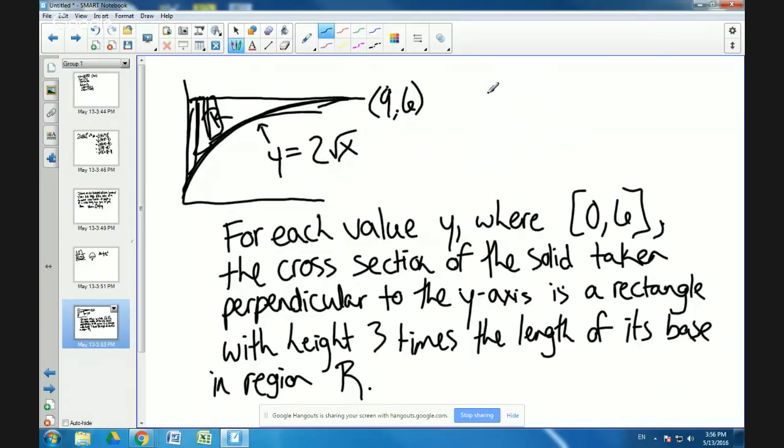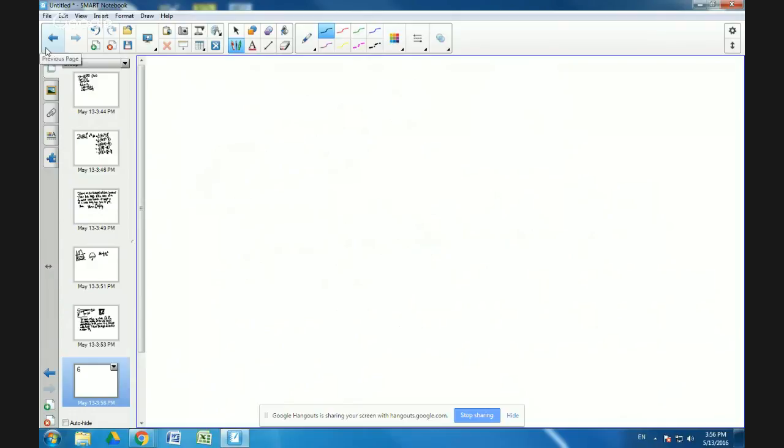You just imagine that you have a bunch of rectangles extending from this solid. Okay, so now, if you know the area of a rectangle, how do you find that? We know it is length times the height.